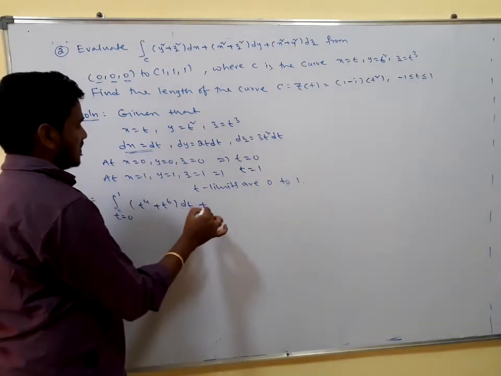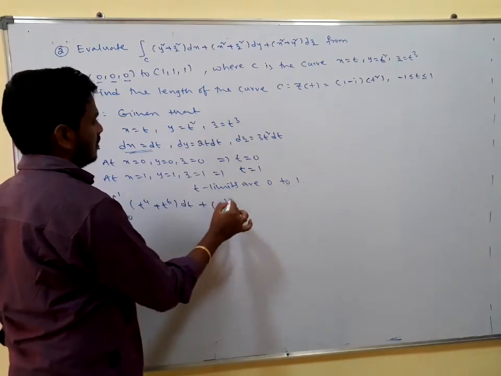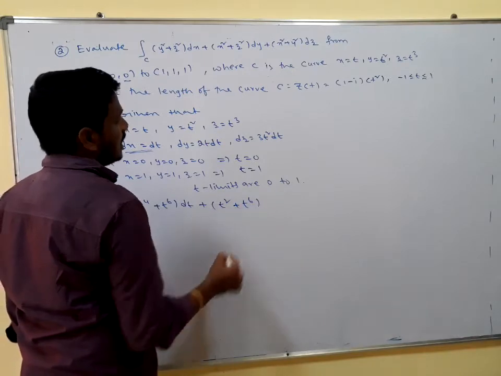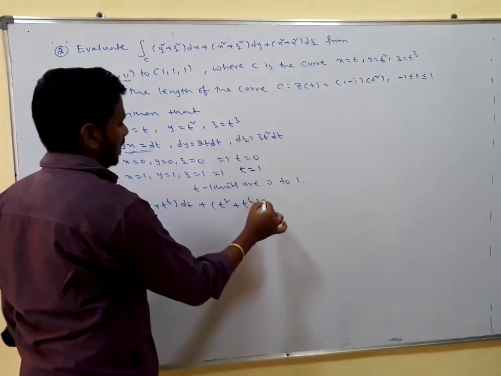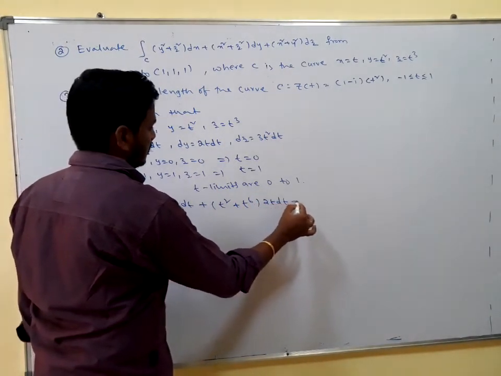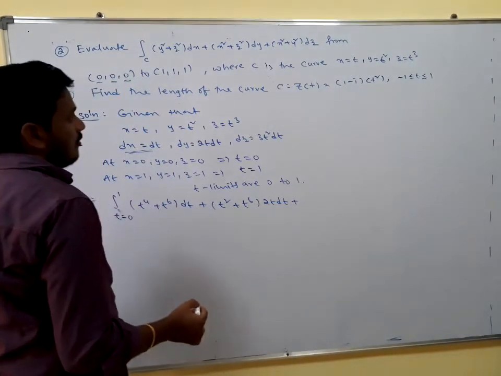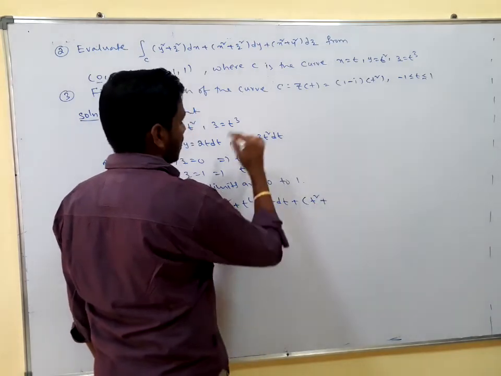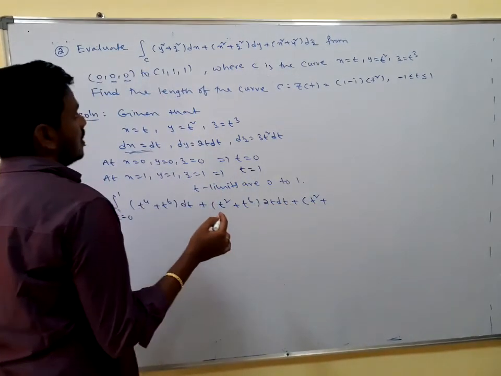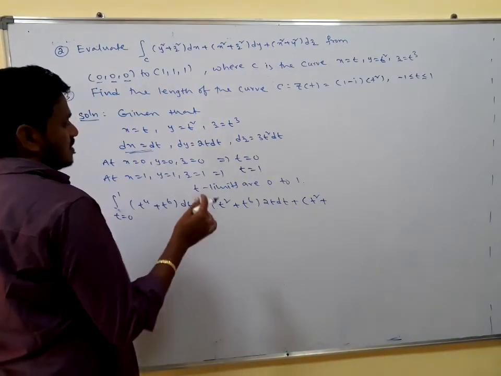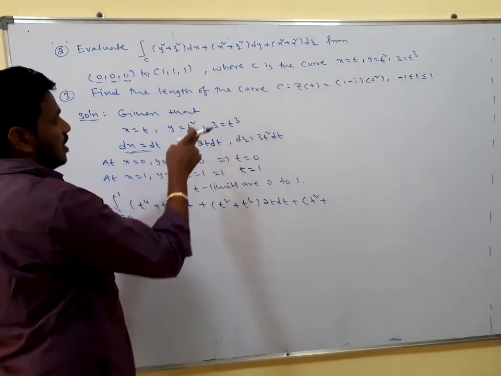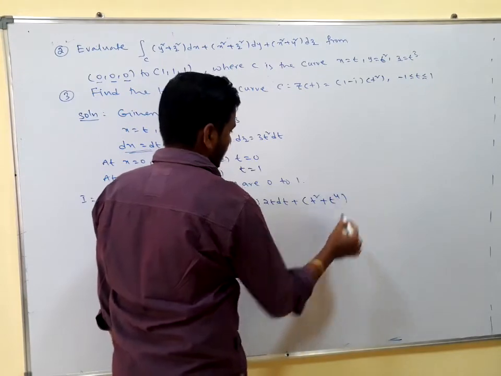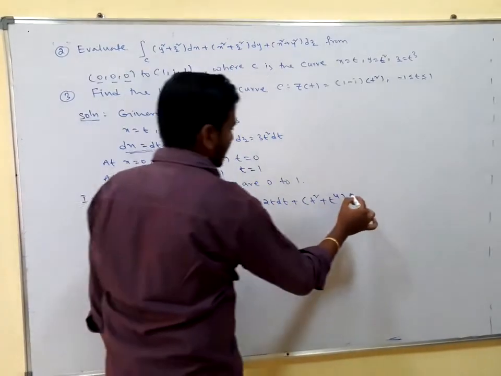Next plus x square, t square, plus z square, t to the power of 6, dy is 2t dt, plus x square, that is t square, plus y square, t square whole square, that is t to the power of 4, and dz is 3t square dt.